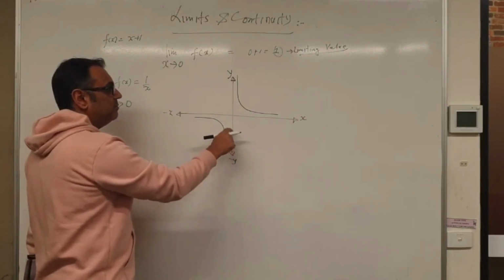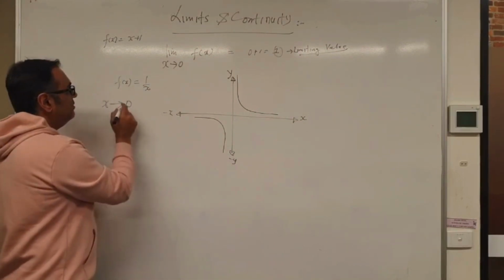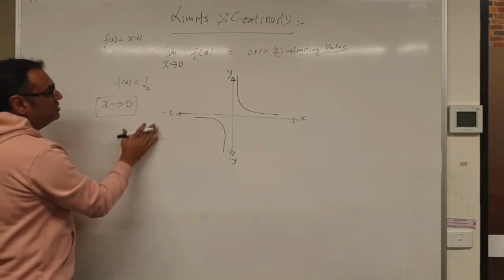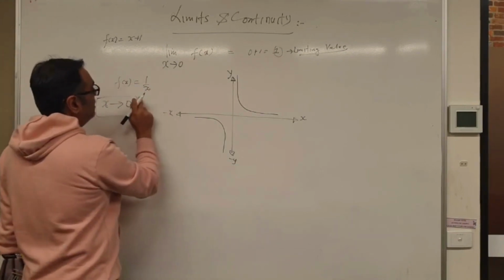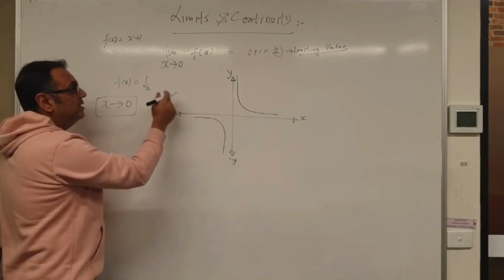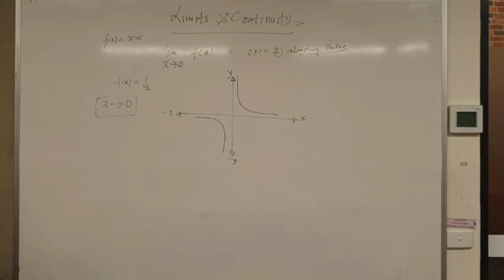You are on this line, because on this line your x is 0. If your x is approaching 0, obviously it can't be 0 because this function is not defined, because they're asymptotes. What will be f of x? Think about it. This is just a bit of brainstorming.